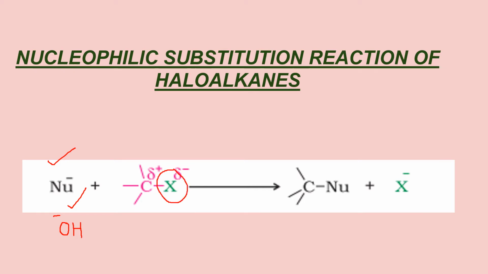That is why we are calling it a nucleophilic substitution reaction, because in haloalkane, that is this compound, maybe methyl chloride for example, if I write it this way, methyl, here I cannot leave these three bonds like this.